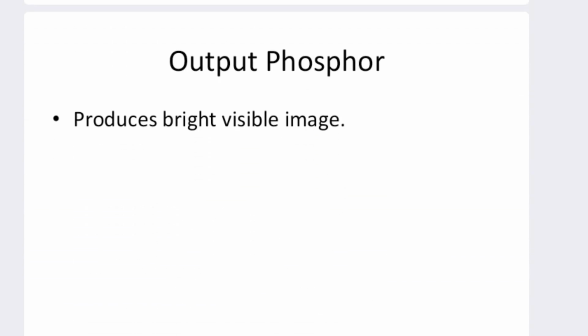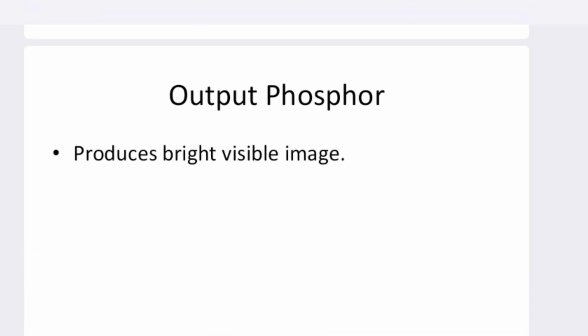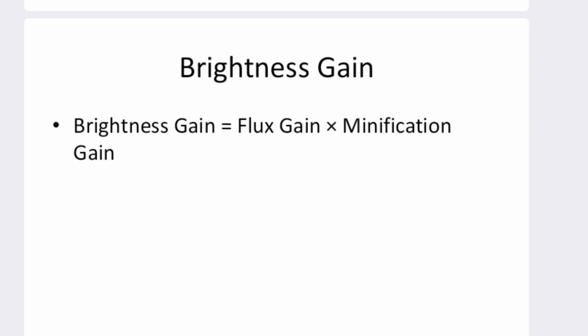Then the output phosphor produces bright visible images so that we can view them very clearly. The output phosphor screen is made of zinc cadmium sulfide doped with silver. The backside screen is aluminum so that it can absorb the electrons, and it emits a green light.